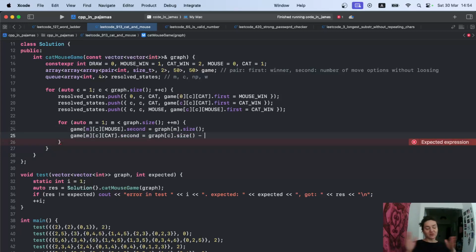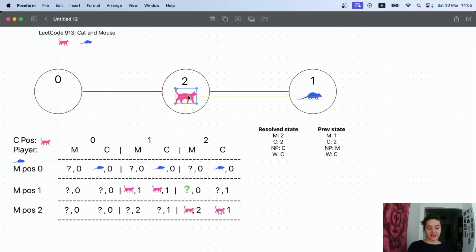The hole is not a move option for the cat, right? So if one of the adjacencies is the hole, like here, if the cat is here, there's just one move option, he can't go to this adjacency.